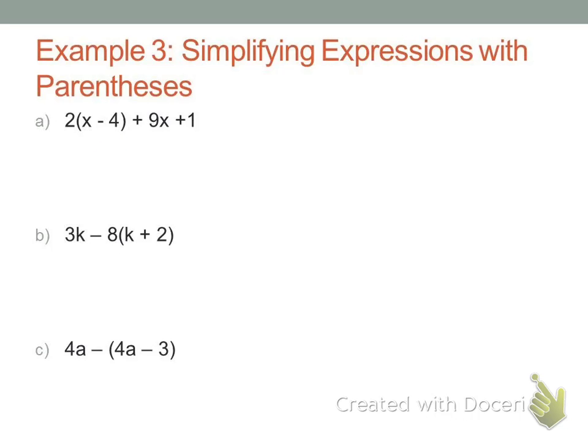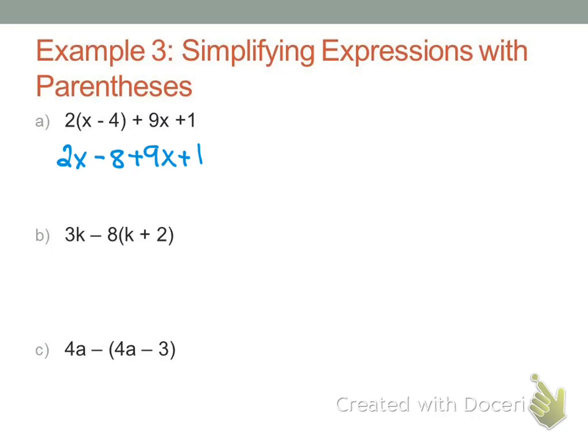So 2 times x is what? 2x. 2 times, don't miss this, negative 4 because there's a minus sign. 2 times negative 4 is negative 8. Now I can fill in the rest of my expression, and now I can combine my like terms. So first step, distributive property to get rid of parentheses.